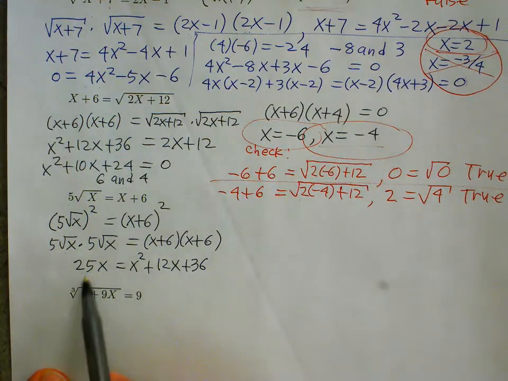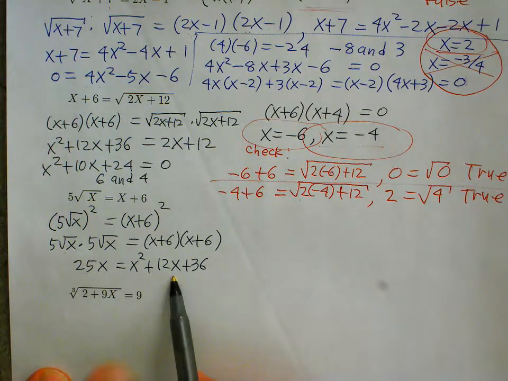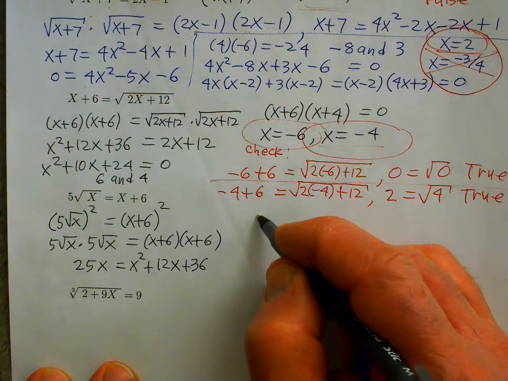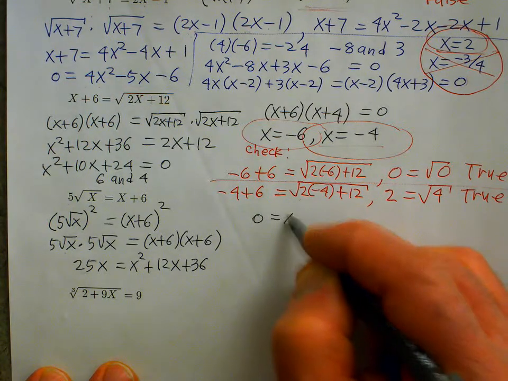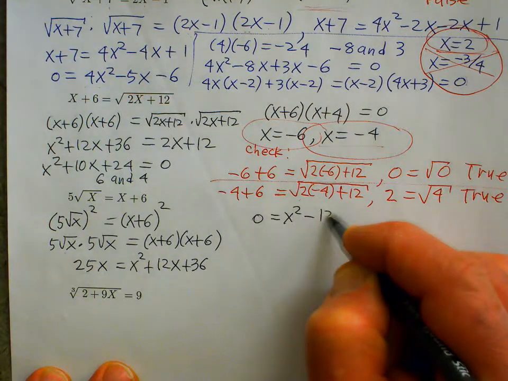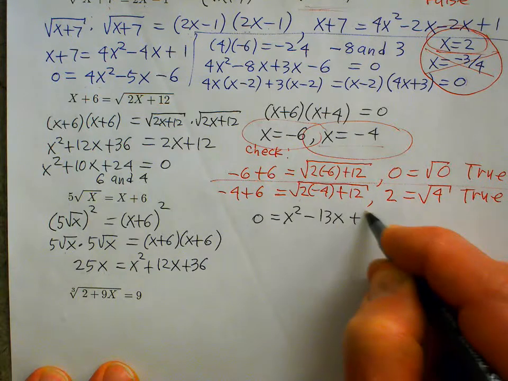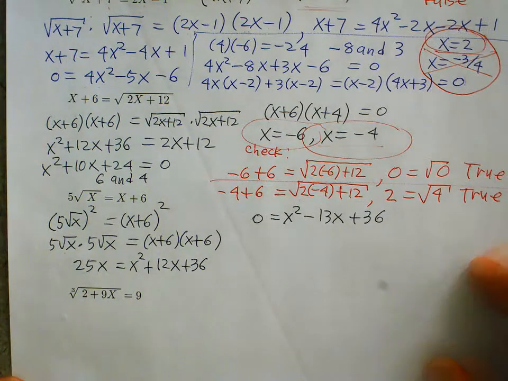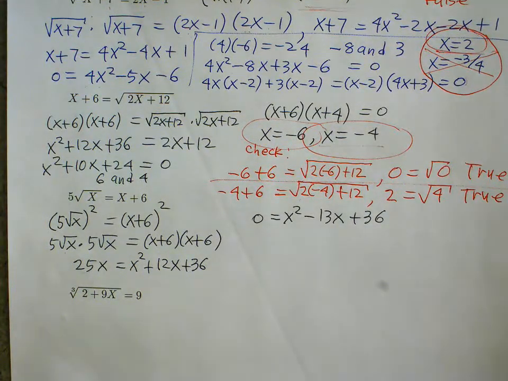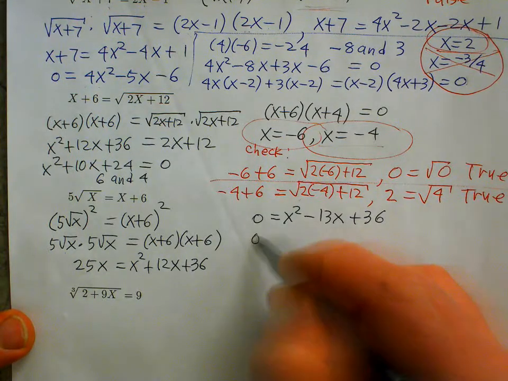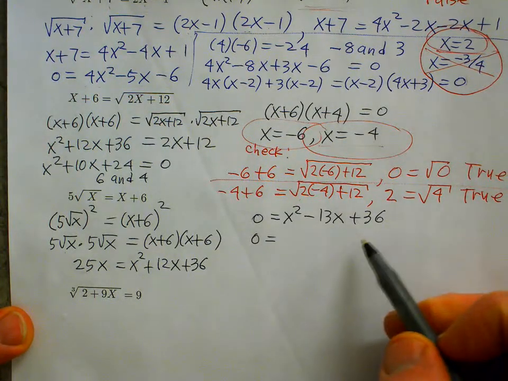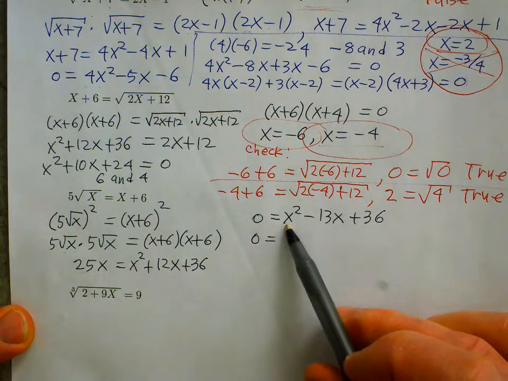Okay, now we'll subtract 25x from both sides, and we'll get 0 equals x squared minus 13x plus 36. We can solve this by factoring. We can use the abbreviated AC method since the coefficient of x squared is 1.